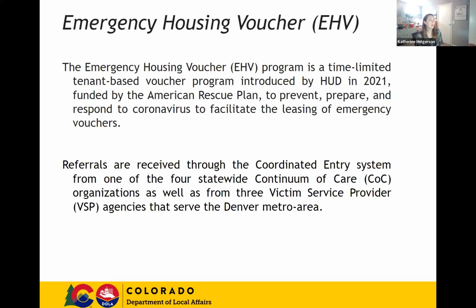The Emergency Housing Voucher Program is a time-limited, tenant-based voucher program introduced by HUD in 2021. It was funded by the American Rescue Plan, and the purpose is to prevent, prepare for, and respond to coronavirus, to facilitate the leasing of emergency vouchers.